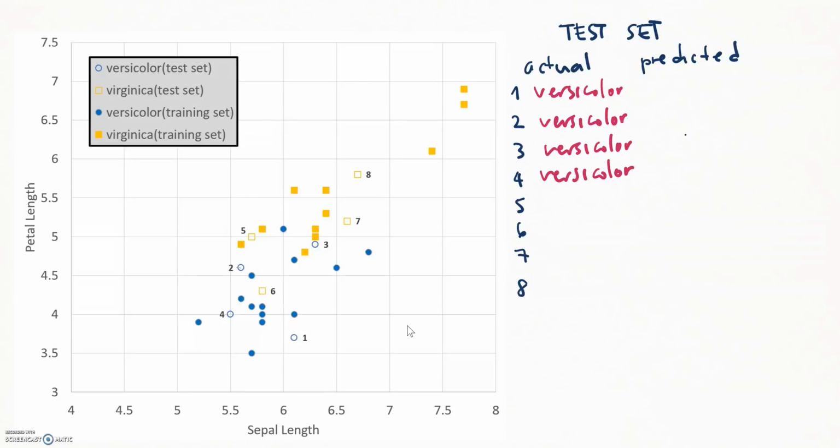Records 1 to 4, corresponding to 1, 2, 4, and 3 here, have the actual classification of versicolor flower, and records 5 to 8 are of the Virginica flower.